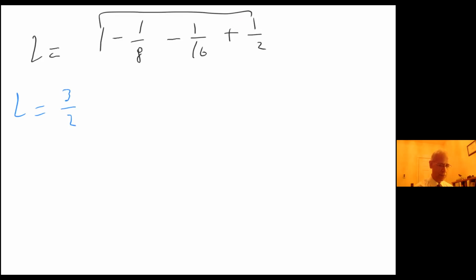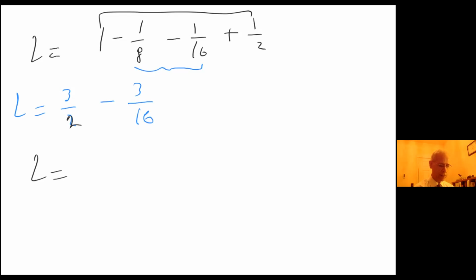Okay, 1 and 1/2 gave me 3/2, and I can rewrite this: 1/8 is the same as 2/16, so minus 3/16. Okay, I'm a little bit tired here, so L equals, what is my LCD?